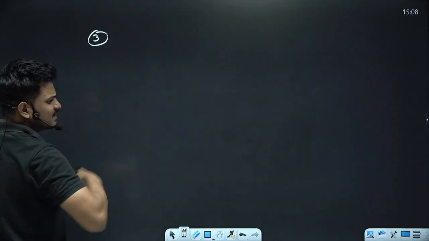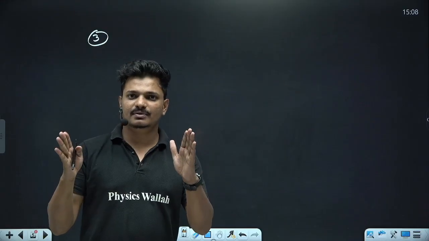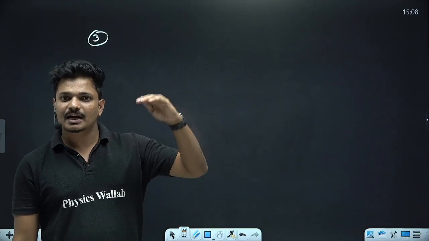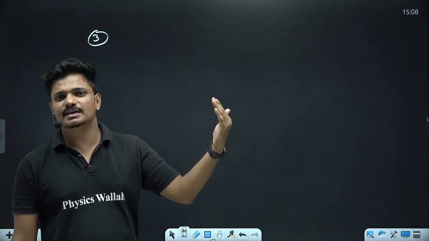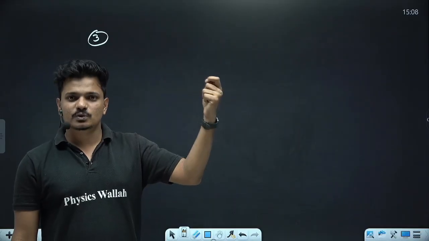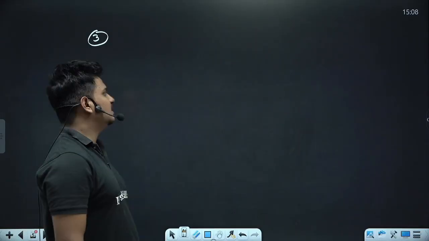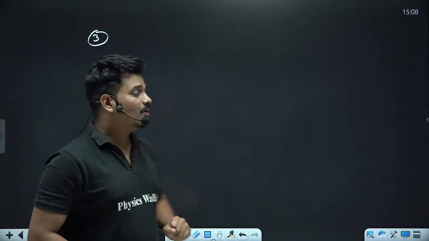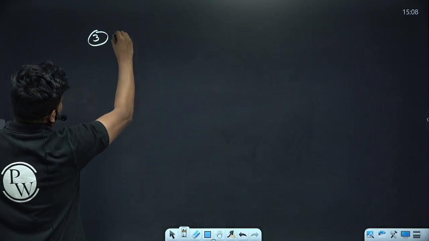Then the third thing. Just imagine this traveling wave is incident on a fixed end or a loosened, free end. At that time, we know that this wave will be reflected back. So I am considering that point, that means reflection.